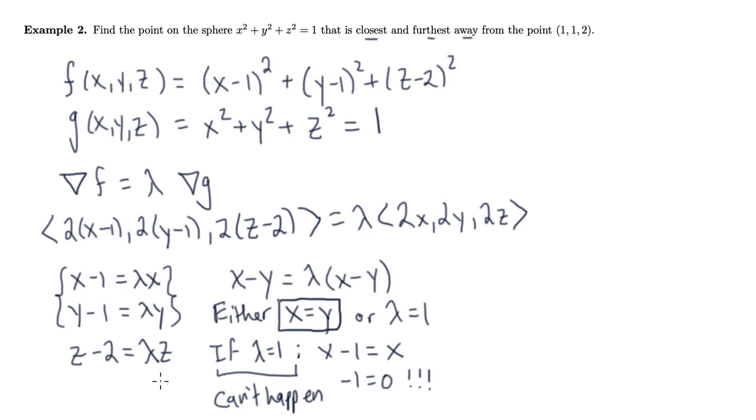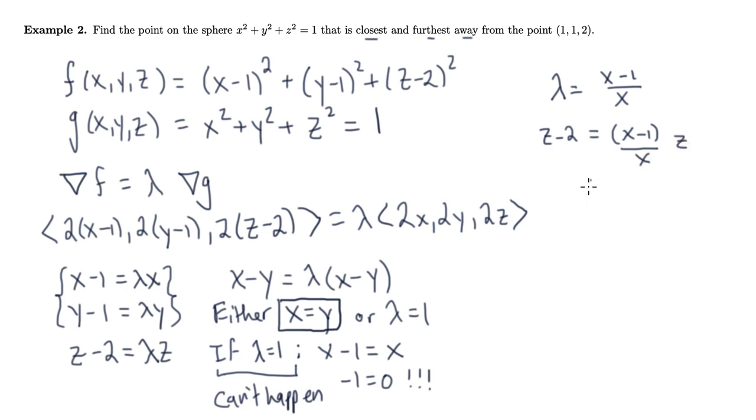Okay, so now that we know that x is equal to y, let's try to figure out something about z. So if I solve this first equation for lambda, I get lambda is equal to (x minus 1) over x. And let me plug that in for lambda in the z equation. So I have z minus 2 is equal to (x minus 1) over x times z.